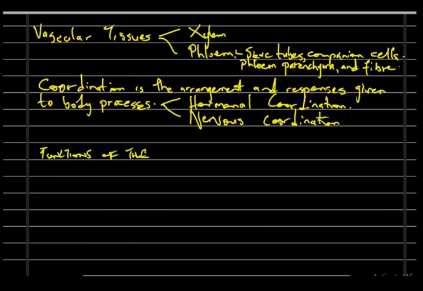There are so many, so we'll just point out a few of them. The cerebellum is a very important part of the brain. It is responsible for coordinating activities of the body, basically involuntary activities.